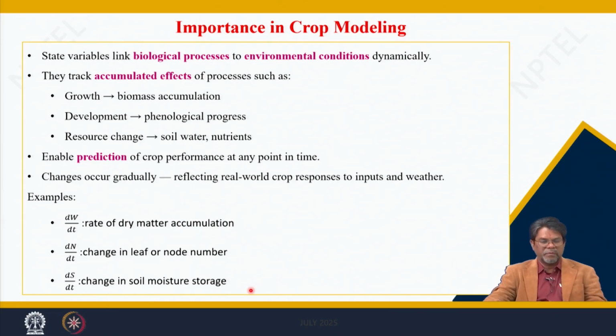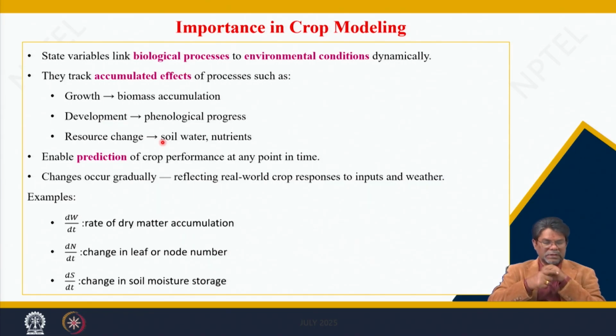Importance in crop modeling: the state variables link the biological processes to environmental conditions. Dynamically, they track the accumulated effects of processes such as growth that lead to biomass accumulation; developmental phases that lead to phenological progress, the transformation from one stage to another; and resource changes, meaning the soil water content, nutrients and organic carbon content that keep changing over time.